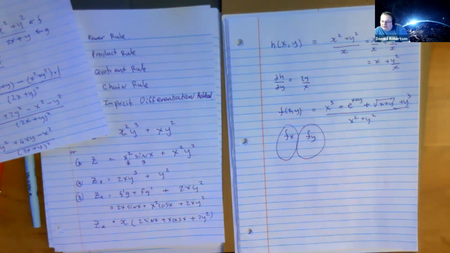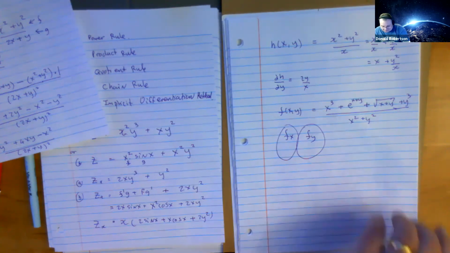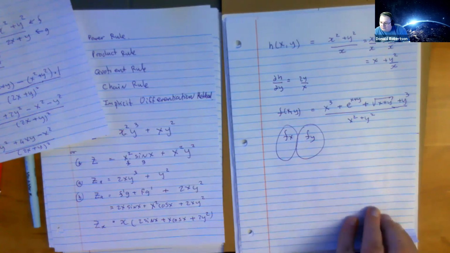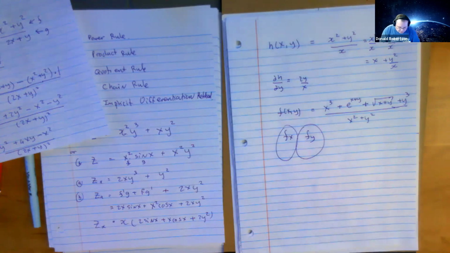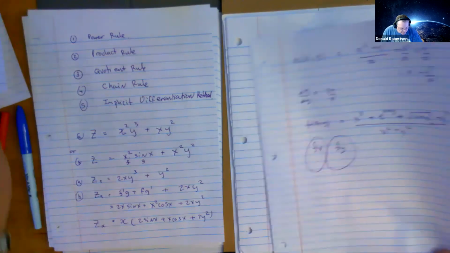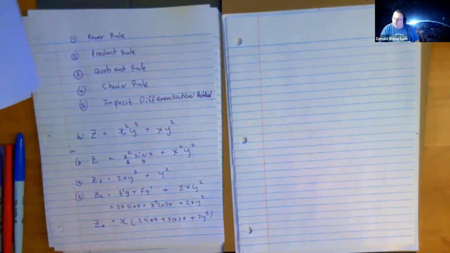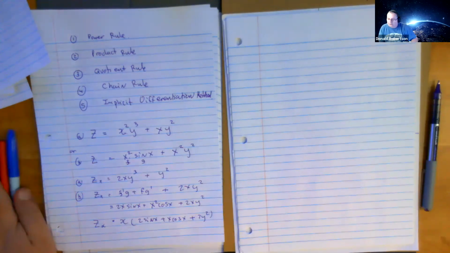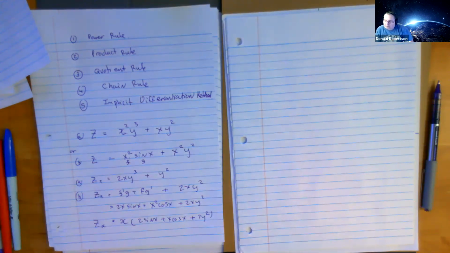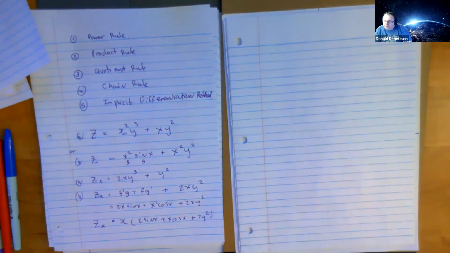Can you see that symmetry can certainly help you with some really ugly functions if it has symmetry? Okay, so for the time being anyway, we'll call that quotient rule over with. Are there any questions? I'm assuming that's a good sign, right?